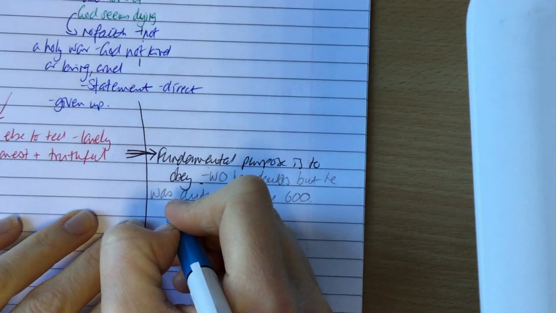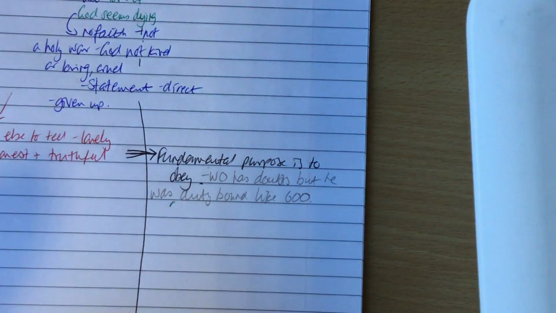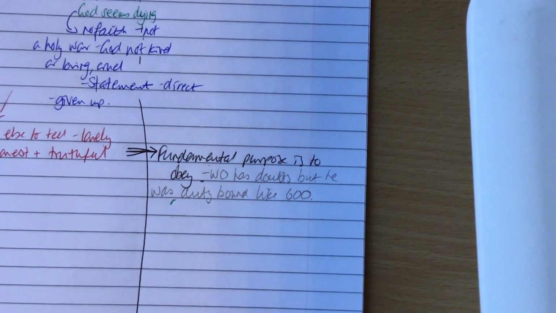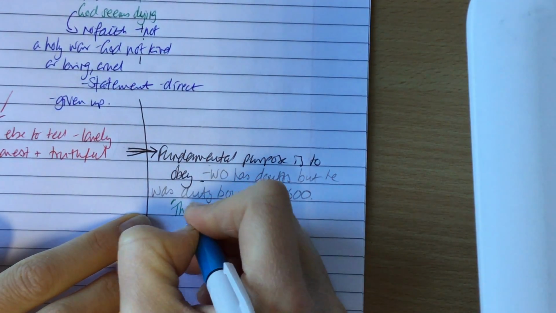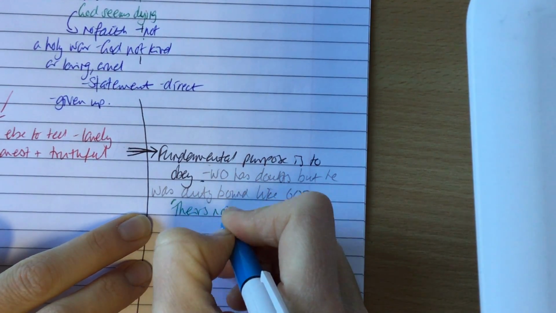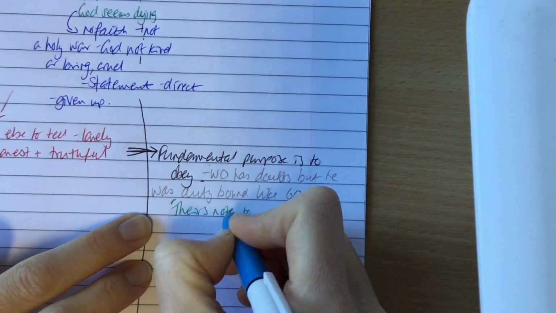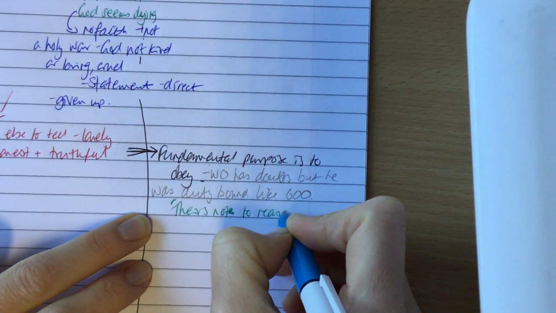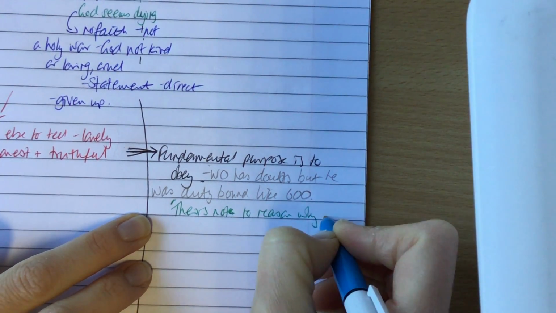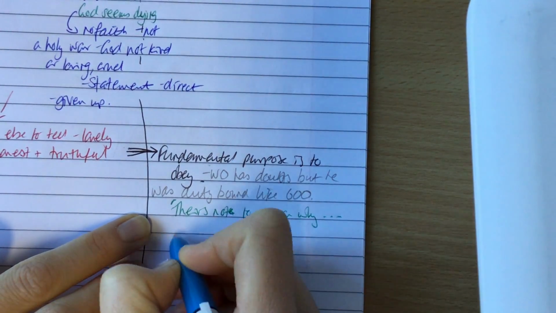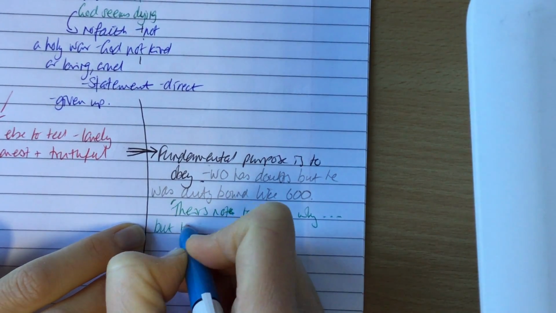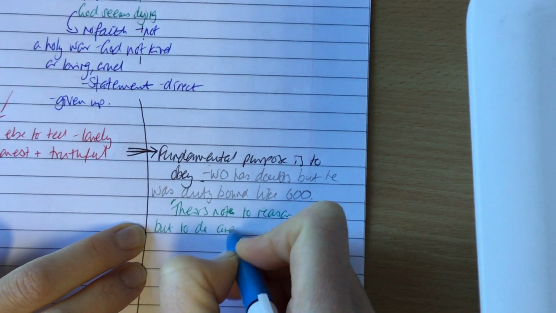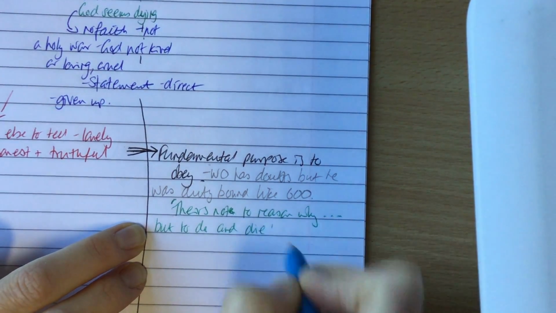Okay, so which part do you want? Do you want not to reason why, do and die? Okay, so let's do there's not to reason why, but to do and die.